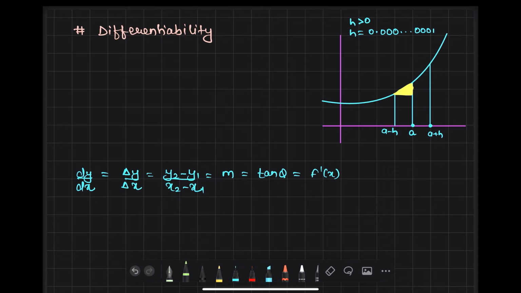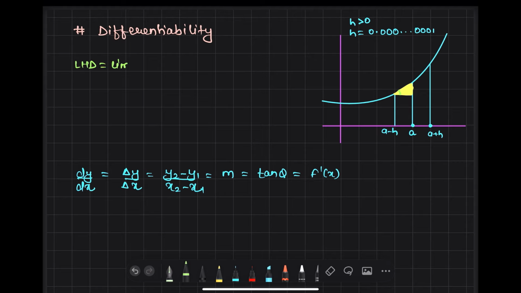Suppose I'm talking about the behind function, so I'm talking about left hand differentiability, LHD.